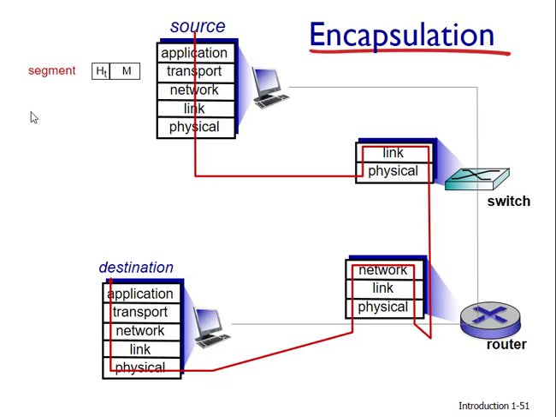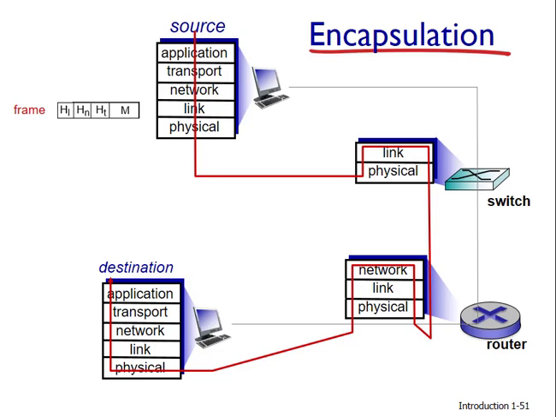The transport layer then passes the segment to the network layer. The network layer adds network layer header information. The H seen here includes things like the source and destination end-system addresses, and this creates the network layer datagram. The datagram is then passed to the link layer, which of course will add its own link layer header information and create the link layer frame.